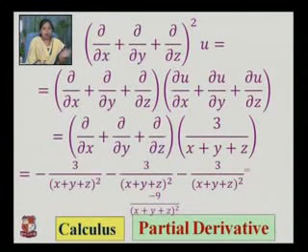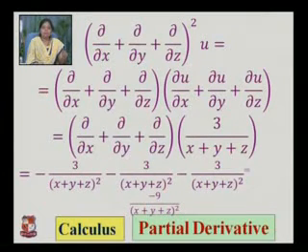Now operate each operator on that term. Here we are operating del by del x, so the derivative of 3 upon x plus y plus z with respect to x is minus 3 upon x plus y plus z whole square. Now apply the second term, del by del y, on that 3 upon x plus y plus z.